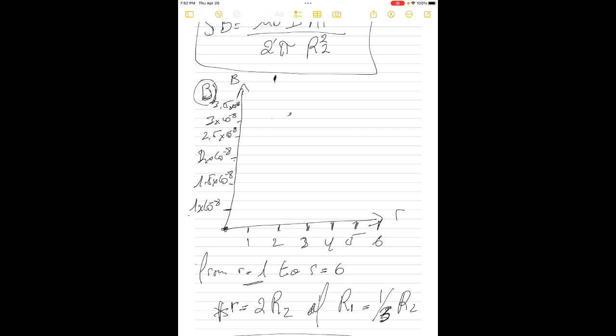And then R3 is going to be 2 to the power of minus 8. R4 is going to be 1.6, somewhere around here, and then it's going to be 1.1. So it's going to be this kind of graphic, if I'm not mistaken.